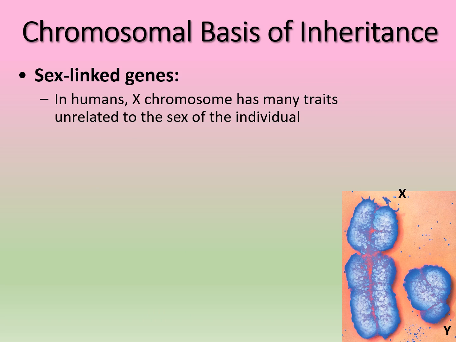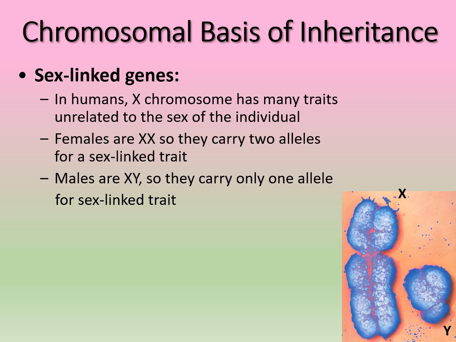So if we're talking about sex-linked genes, why are more males affected, right? For our example of the fruit fly eye color, he only saw males as having the white eyes. There were no females with white eyes. So just in general, the X chromosome has a lot of traits that are unrelated to the sex of the individual.